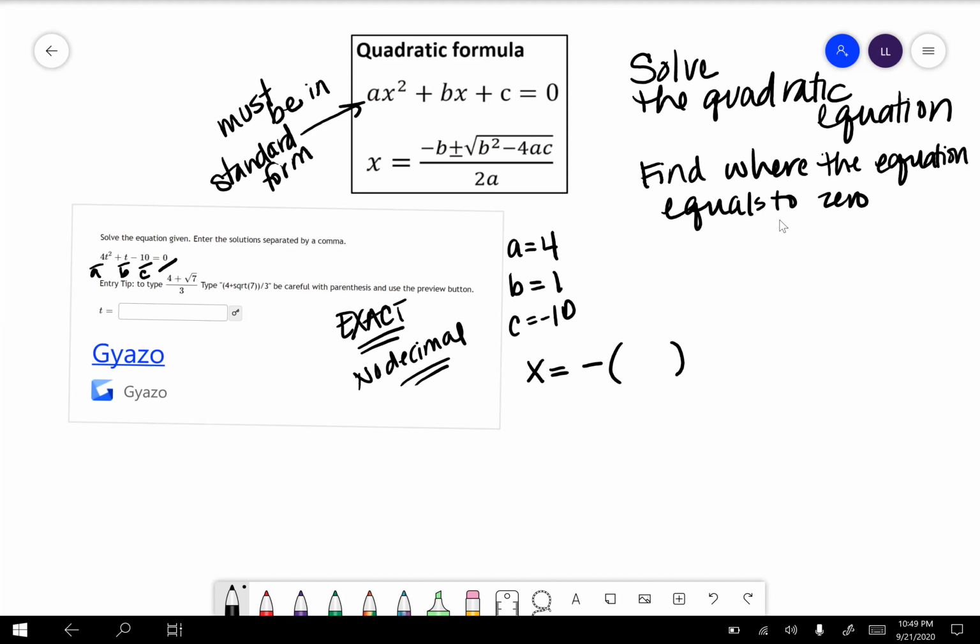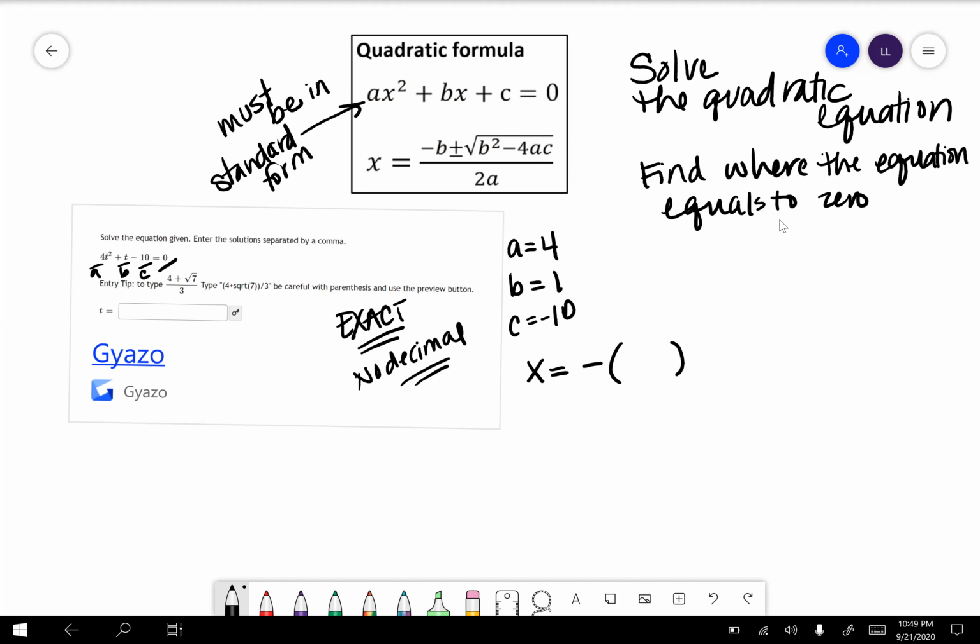That plus or minus simply means I am going to be adding, and I'm also going to be subtracting. That is how we get the two solutions, because you add and you subtract.